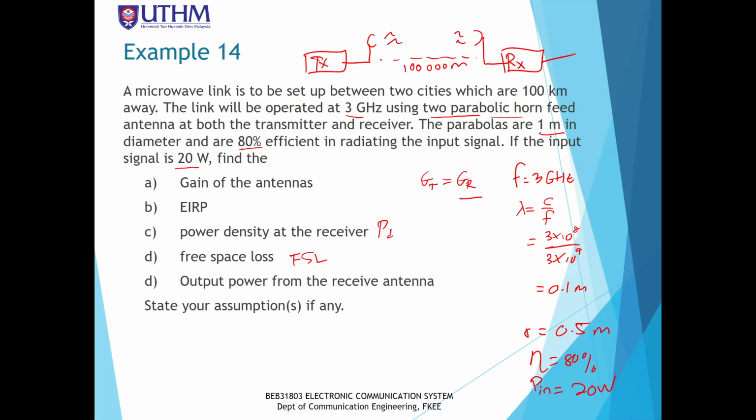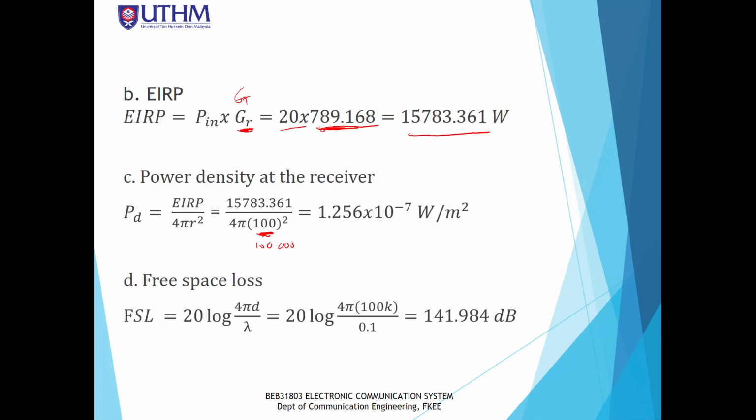So normally when we mention FSL, we need to find the value in terms of decibel. Okay, in practical cases, normally when we mention FSL, we want to know how much the value is in terms of decibel. So that's why here FSL is equal to 20 log 4 pi d over lambda.